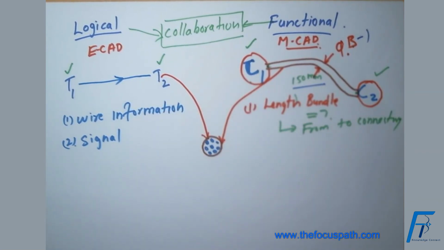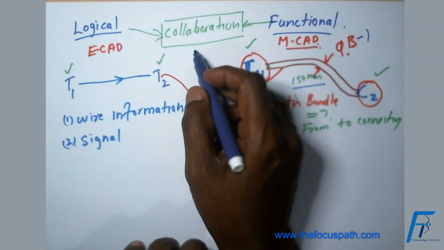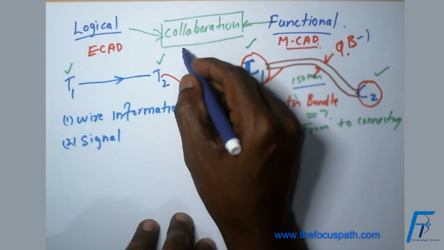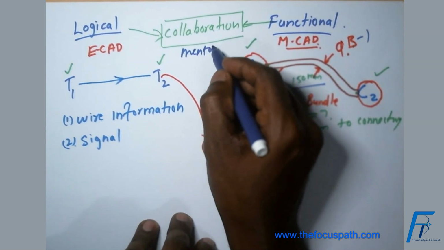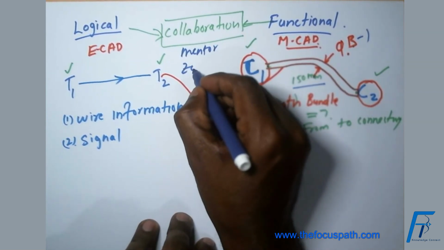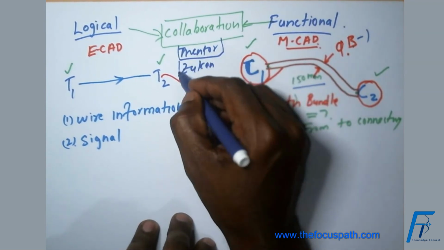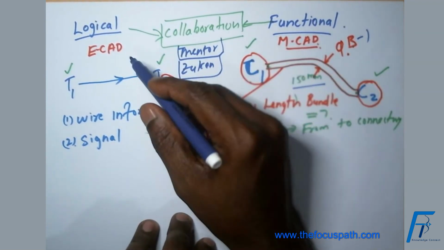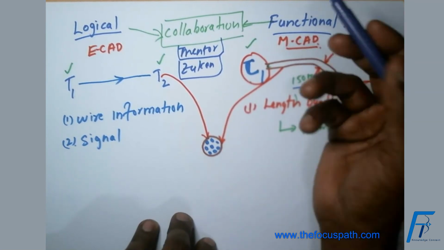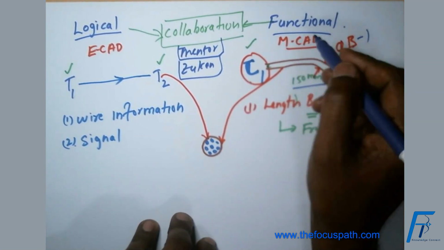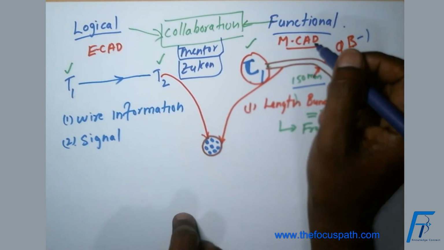So what is happening here is there should always be a bridge between ECAD and MCAD. That's what we talk about as the collaboration platform. Now take Mentor Graphics, it takes care of it, or Zuken, this takes care of making a bridge between ECAD and MCAD. For example, MCAD could be CATIA V5 or Unigraphics or Pro E, whatever it could be.